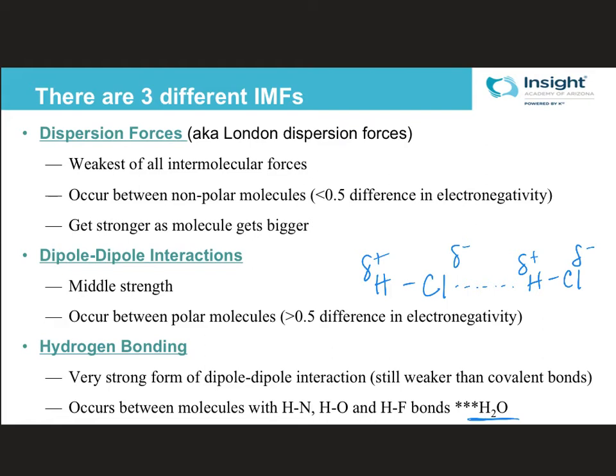But hydrogen bonding is a misnomer. It's not a bond. It's still a partial positive, partial negative, but it is considerably stronger than dipole-dipole interactions. Again, the negative end of a water molecule is attracted to the positive end of a neighboring one.